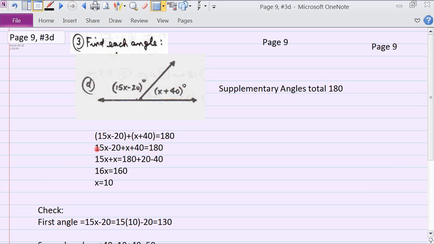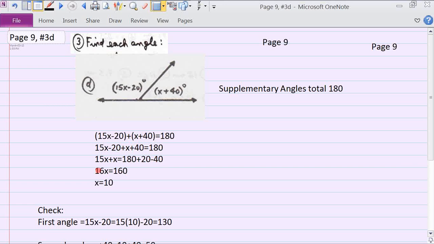Now I'm going to gather the x term on the left, 15x plus x on the left, and remove the minus 20 from the left, get plus 20, remove the plus 40 on the left, bring it to the right, and I get minus 40.